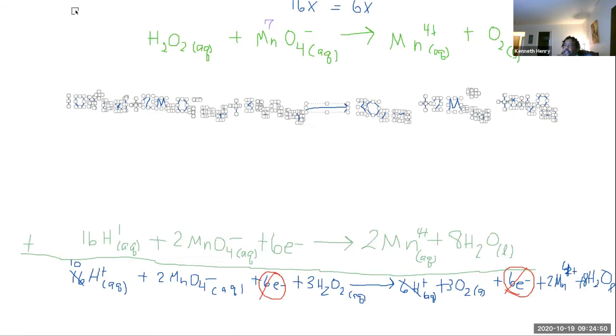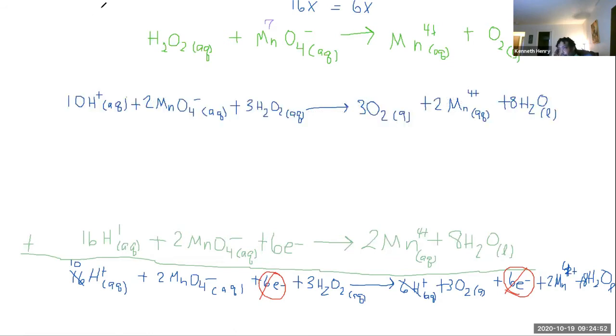We need to verify: we have Mn, we have O, and we have H. On the reactant side, how many Mn? 2. On the product side, how many Mn? 2.